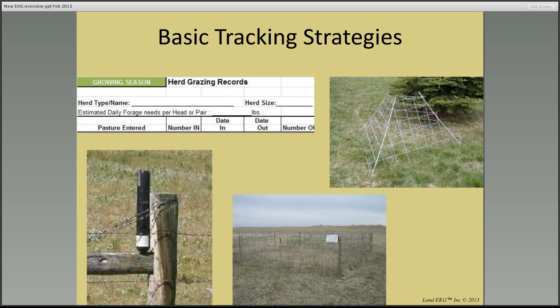The example right here you'll see is a pyramid-shaped, three-sided enclosure or exclosure. I don't know what that would be for sure, but that is very easily moved from one point to another if you want to, but is a very durable, very stable, and easily placed and anchored down.